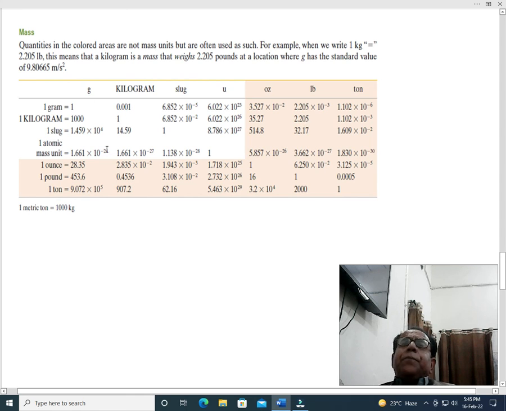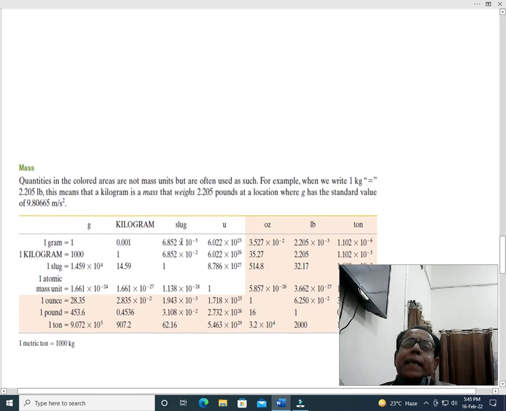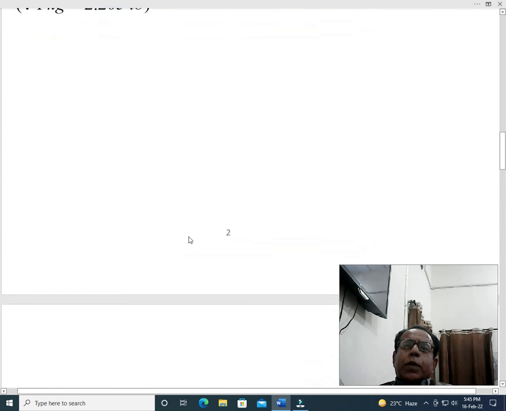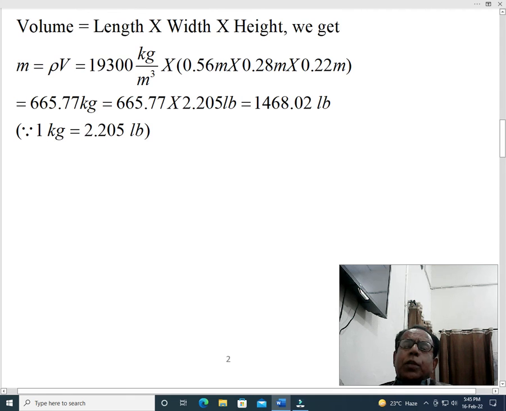When we have to convert kilogram into pound, we have to multiply with 2.205. When we have to convert pound into kilogram, then we have to multiply with 0.4536. And this is the end of our problem. This is our solution.